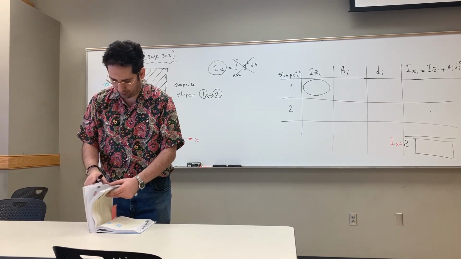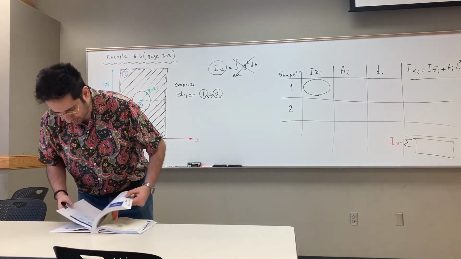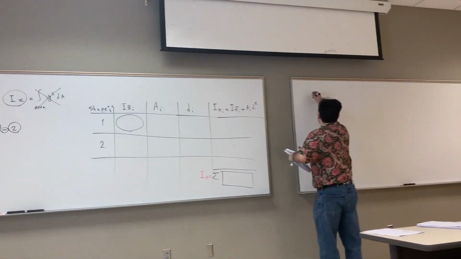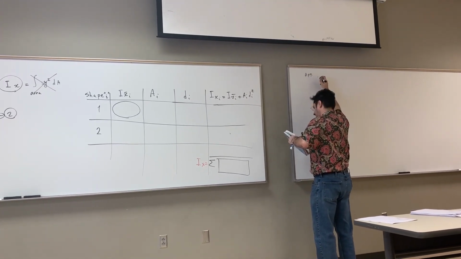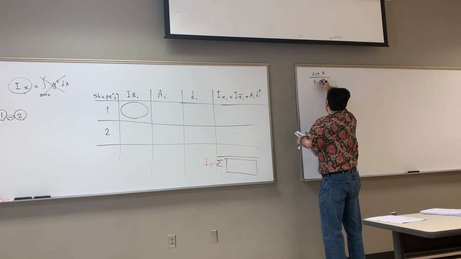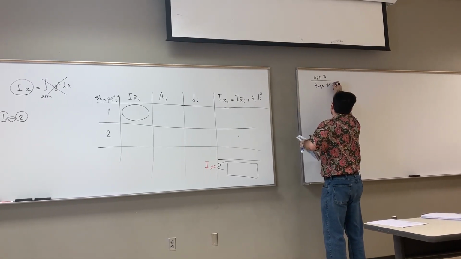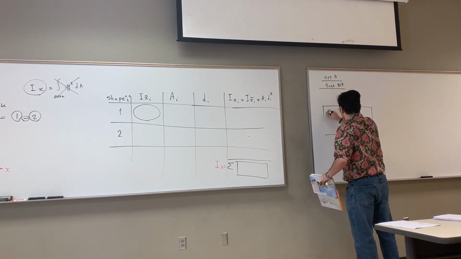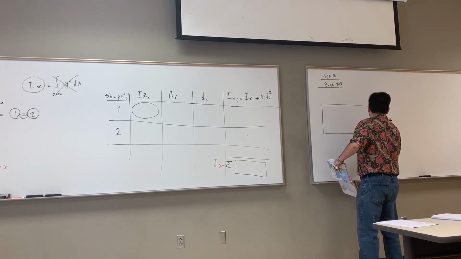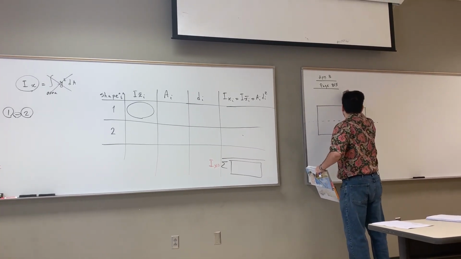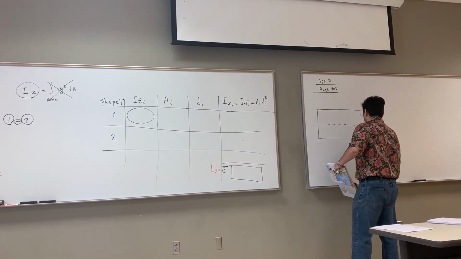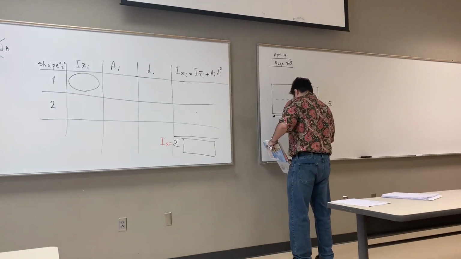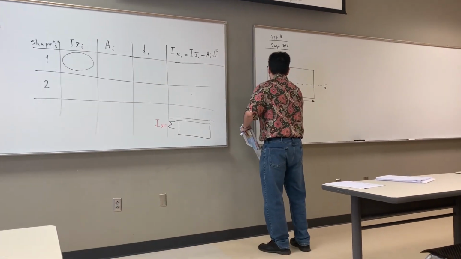You go to, I guess, page number 815, Appendix B. This is x bar from here to here, and d from here to here.